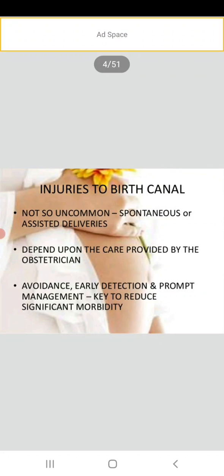Also, if we assist with applications like forceps or vacuum, injury may sometimes occur. It depends upon the care provided by the obstetrician during labor and delivery.